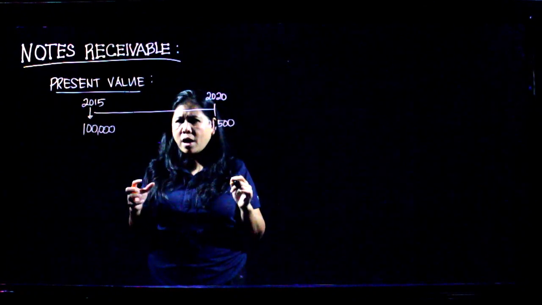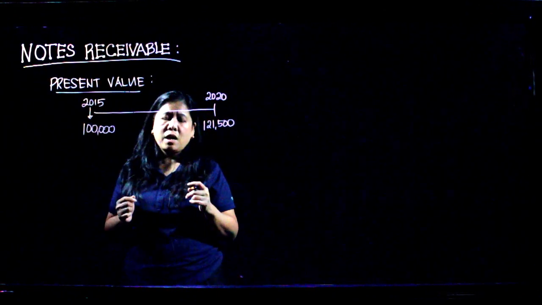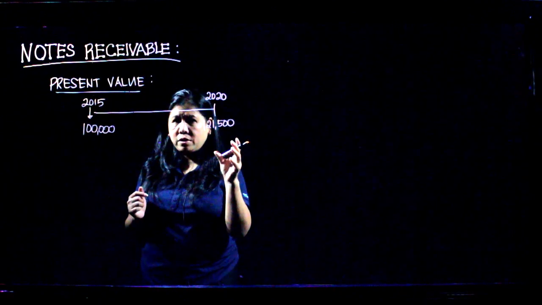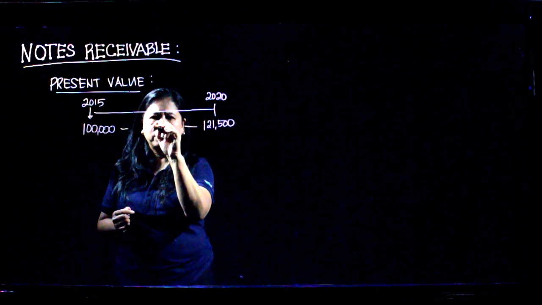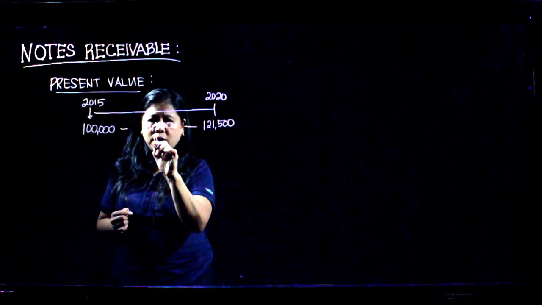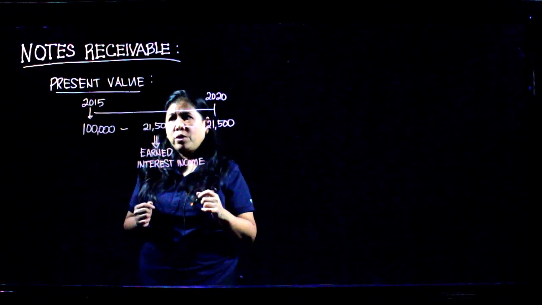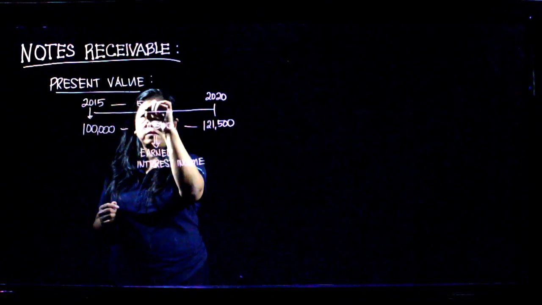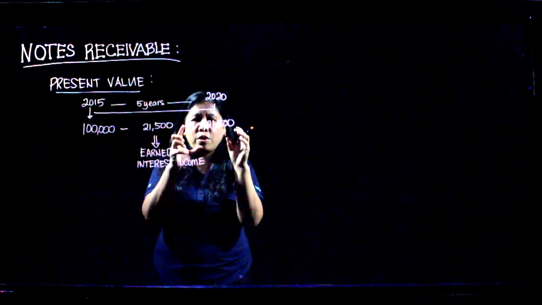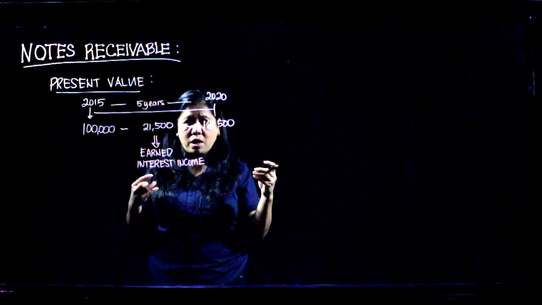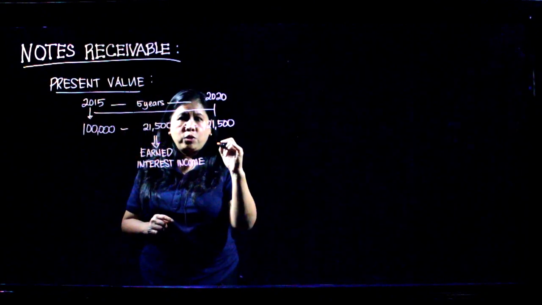What happened to my money? It earned interest. The difference of 21,500 is the earned interest income. So after 5 years, the 100,000 earned 21,500. Therefore, in 2020, it became 121,500. This is what you call the future value.